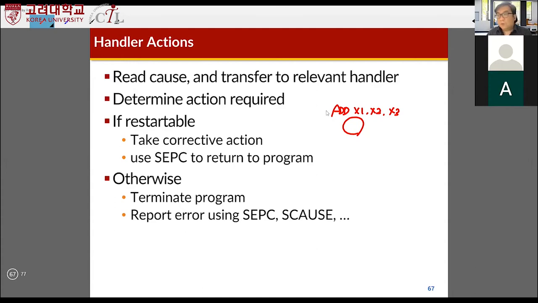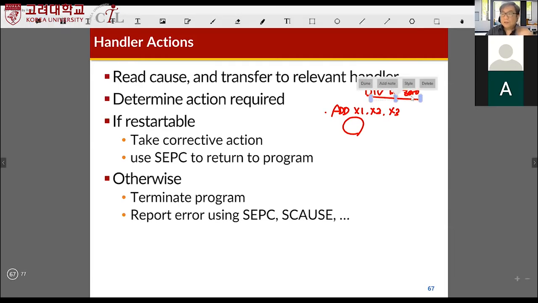This is a normal instruction, but an exception can be caused by this normal instruction. A very popular exception is the divide by 0. This divide by 0 exception is caused by a divide instruction like div.